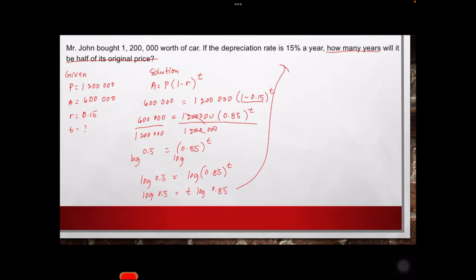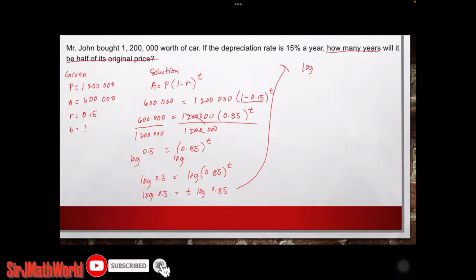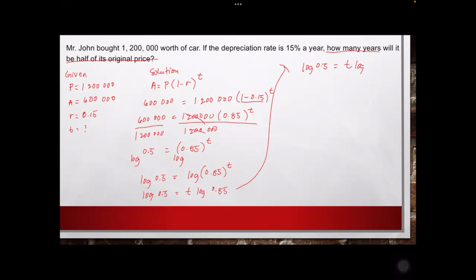Divide both side natin siya ng log 0.85 and log 0.85. So, cancel out siya. So, T is equal to logarithm of 0.5 over log of 0.85. Then, gamit lang tayo ng calculator again.